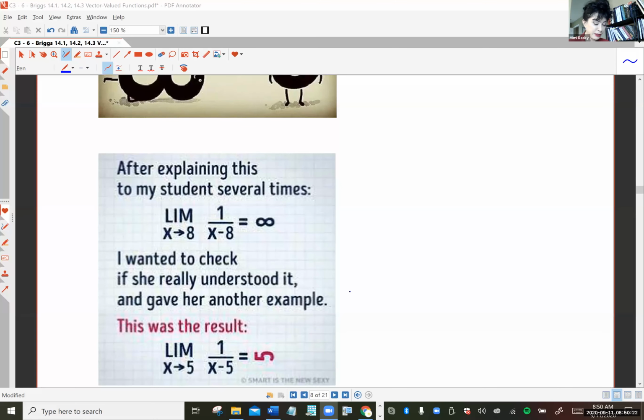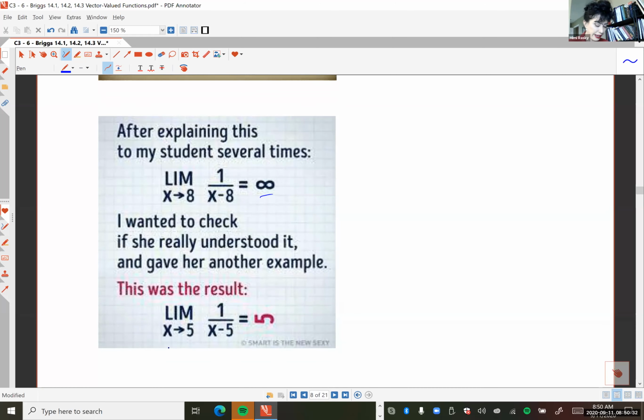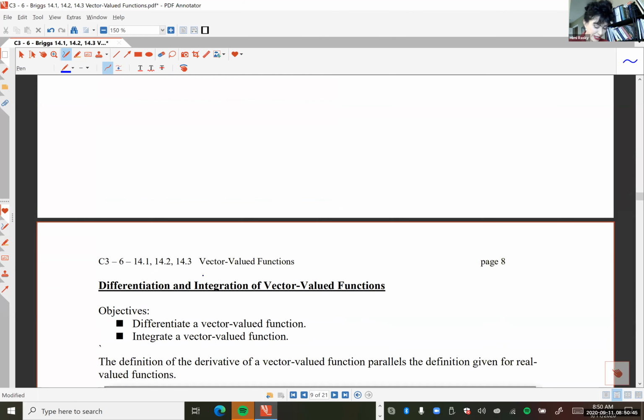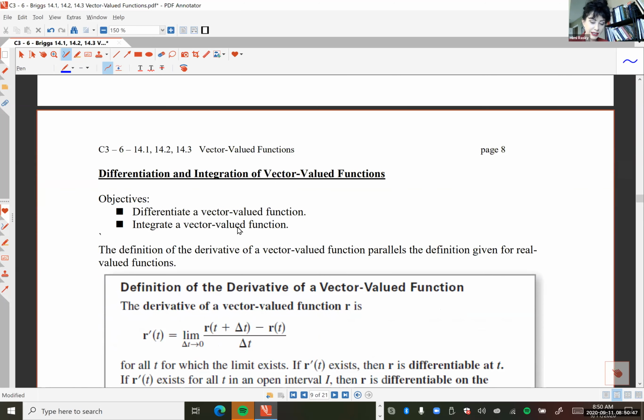After explaining this to my students several times, because 1 over 0 is infinity, I wanted to check if she really understood it. So I gave her another example. How about the limit as x approaches 5 instead of x approaching 8? And then she wrote, oh dear, that's not quite right, right? Okay, anyway, we got to go for the humor where we can.